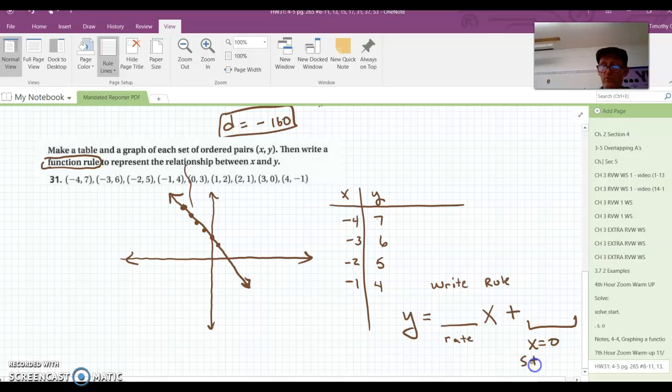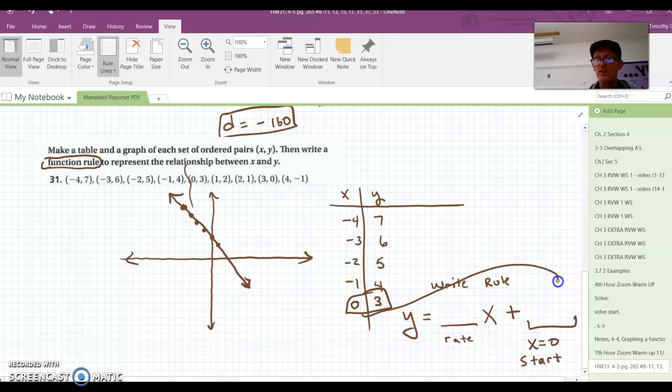So it's like your start, like that negative 10 where they started underwater. So when x equals 0, that's your y-intercept, that's 3. So this number goes here, 3.